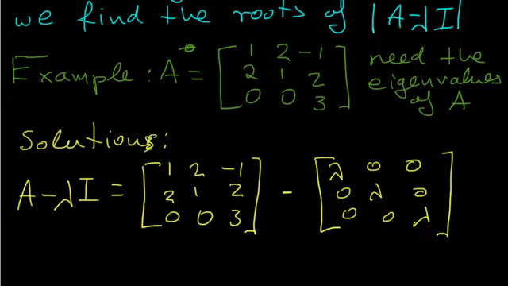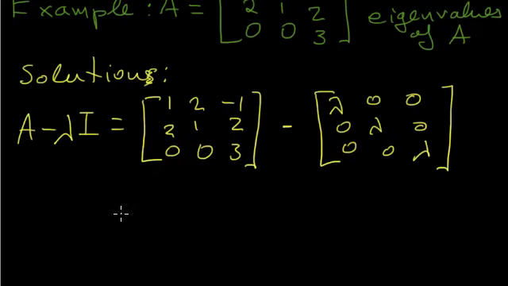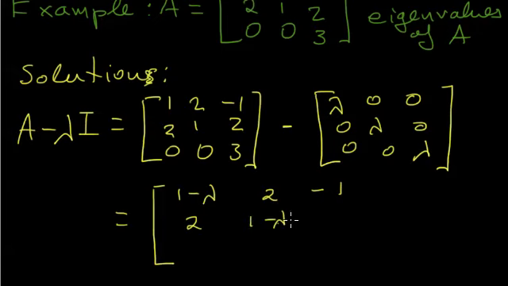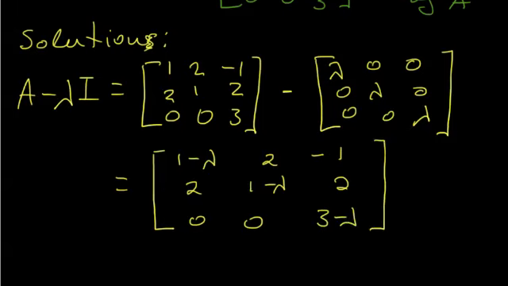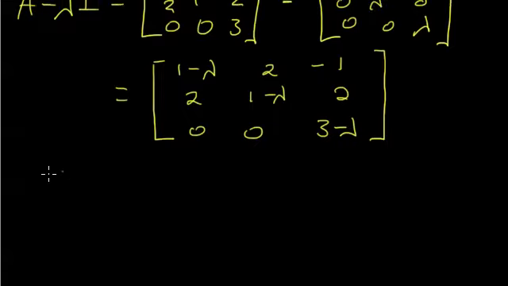Well, let's find this. This is basically A, but from the main diagonal of A we will subtract lambda. So we would have 1 minus lambda, 2, 0, 2, 1 minus lambda, 0, negative 1, 2, and 3 minus lambda. The next thing we need is to find the determinant of this matrix.